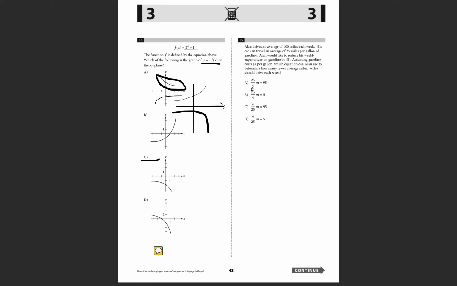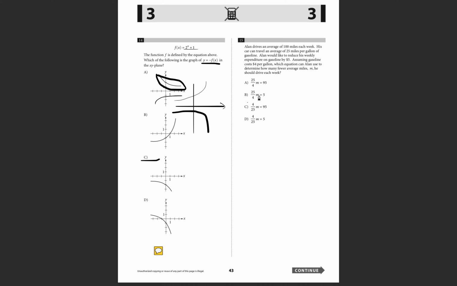We can just first delete this one and this one, because we assume you use 100 minus 5 to get 95, which is incorrect, because you cannot use a number of miles minus a price. So choices A and C are wrong. Just look at choices B and D.